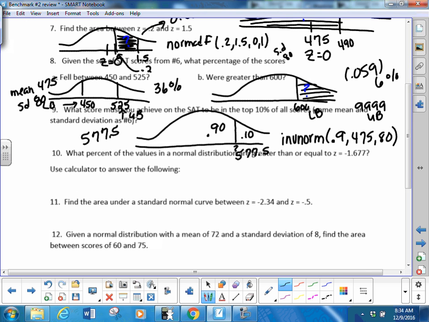What percent of the values in a normal distribution are greater than or equal to z equal to negative 1.677? So we're back to being asked for area because it says what percent. Call this z is 0 here. We're going to make that negative 1.677. And we want to know what percent is greater than that.